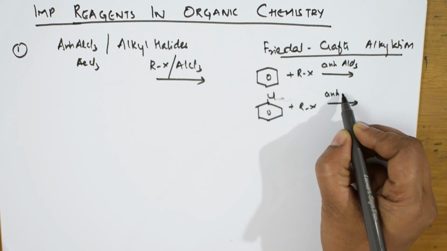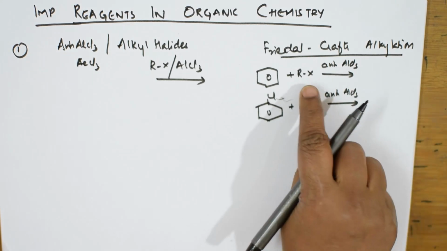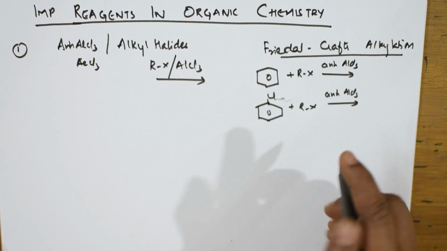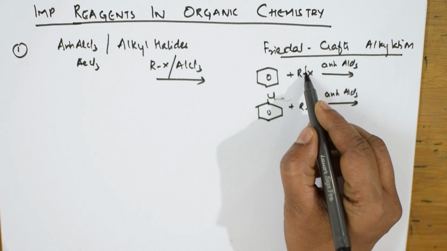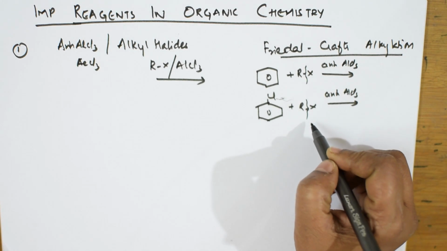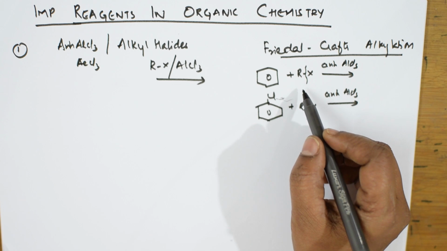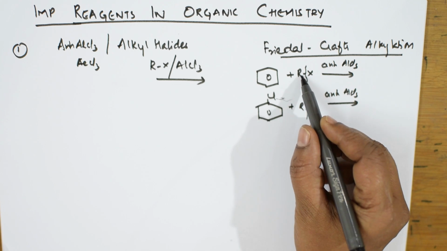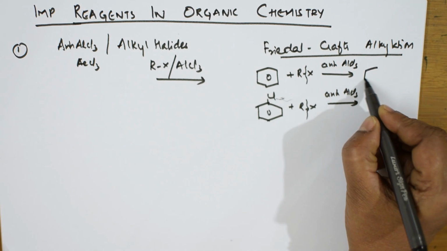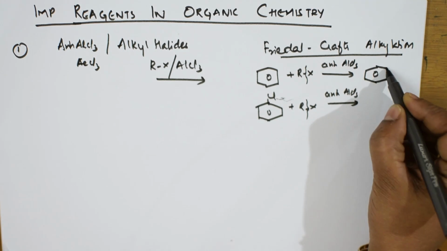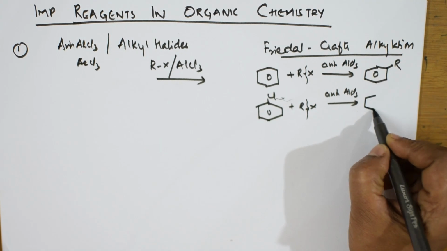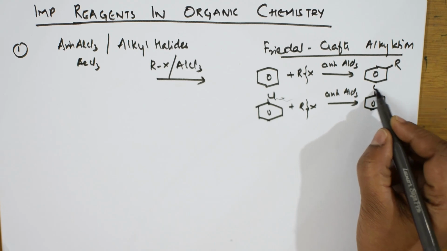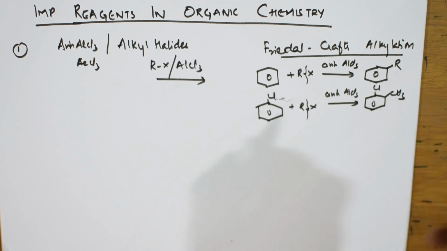The important thing is there is a cleavage of the bond here. This R can be an alkyl group, so you'll be getting R here.